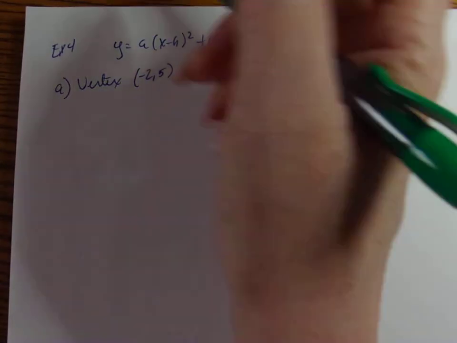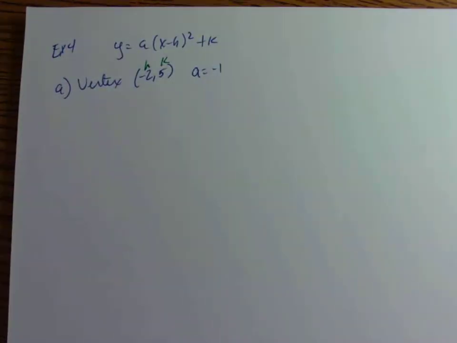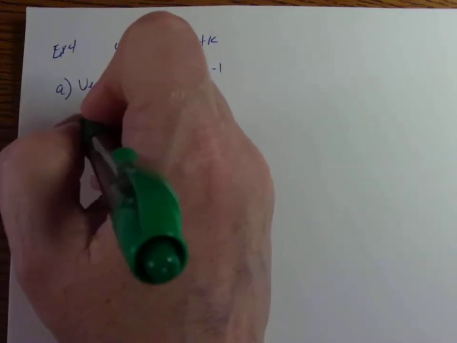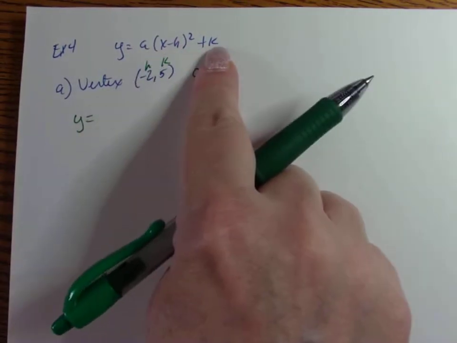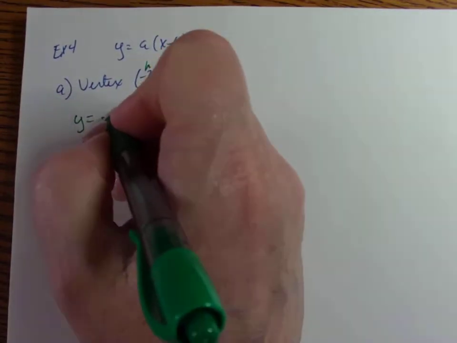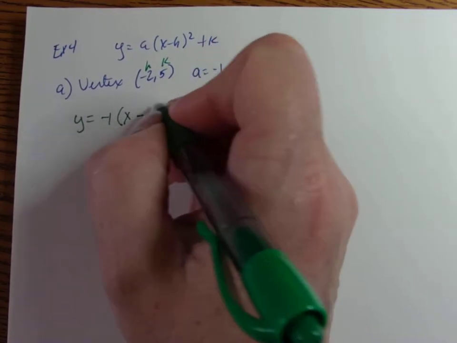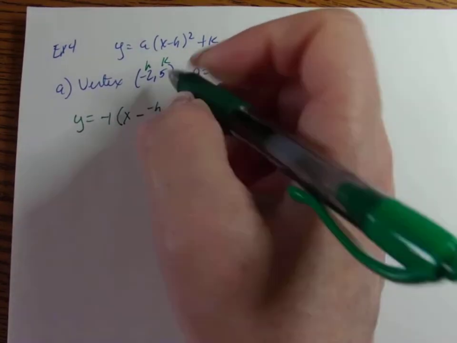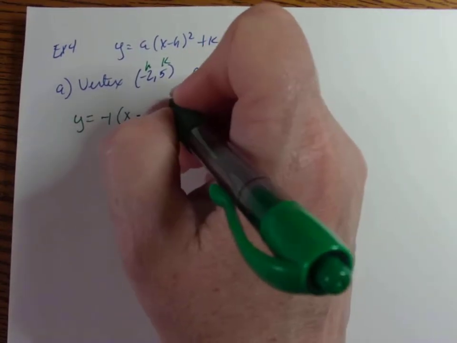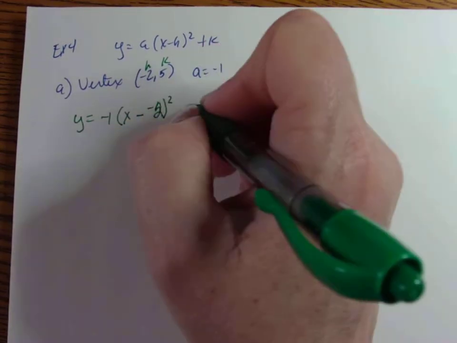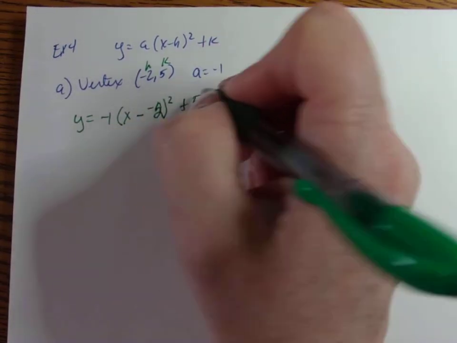So remember, this is our h, and this is our k. So we will have y equals, following our format, -1 times x minus our h, whoops, I wrote h instead of -2, squared, plus our k.